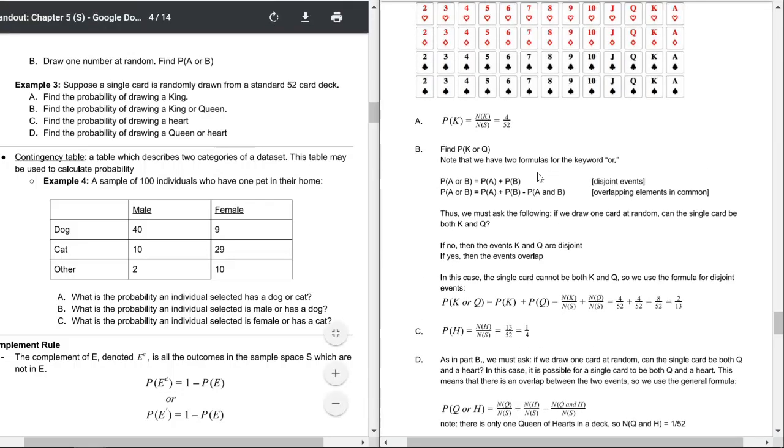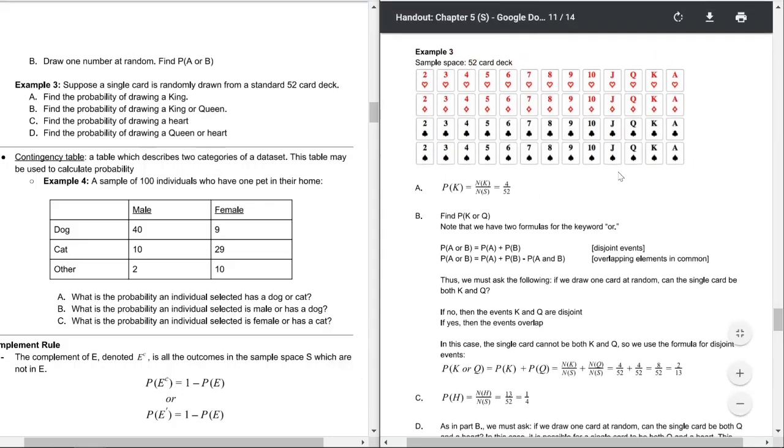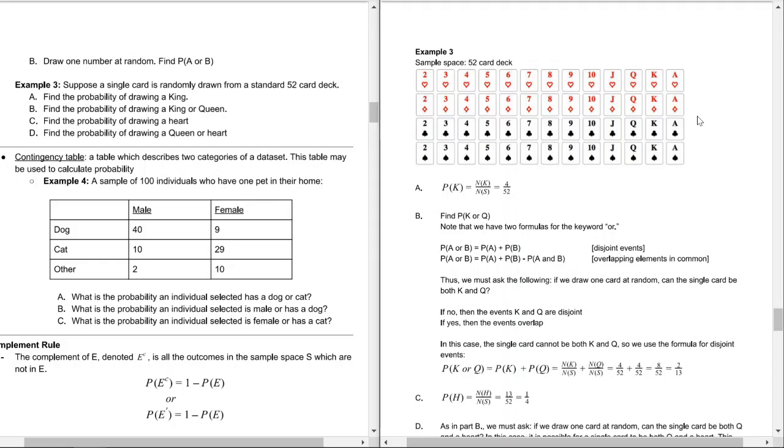So once again, imagine here you draw 1 card at random, and you take a look at the card and you ask yourself, is it possible for that single card to be both queen and heart? Is it possible for that card to have both events? Okay, and if you notice, queen and heart is right here. So the answer is yes. There's an overlap between the 2 events.